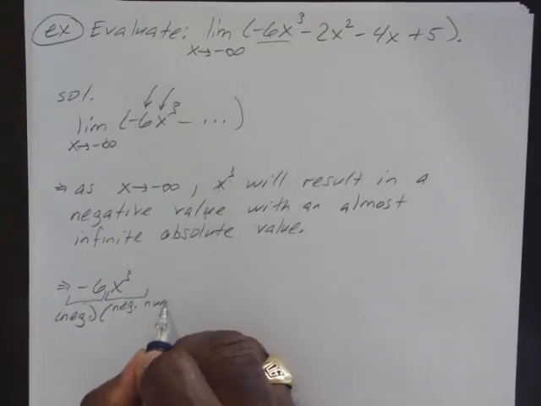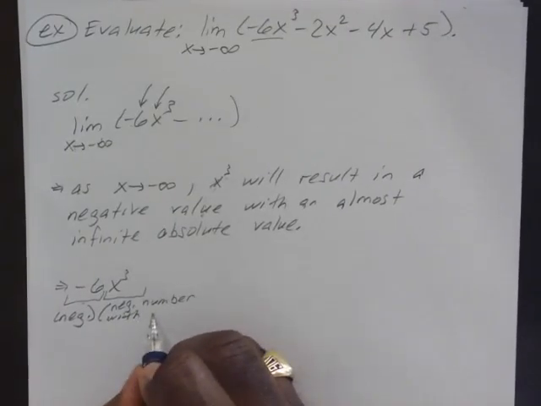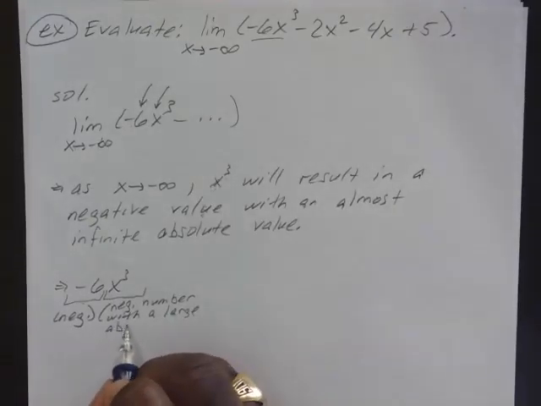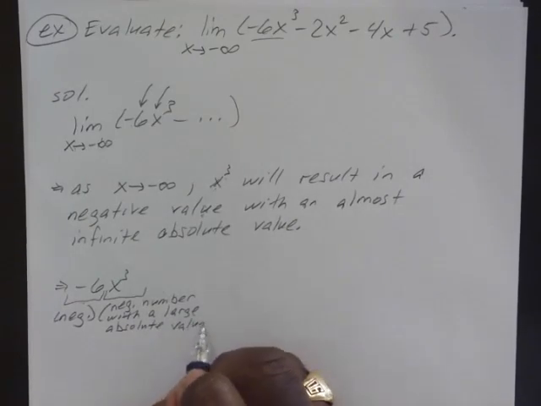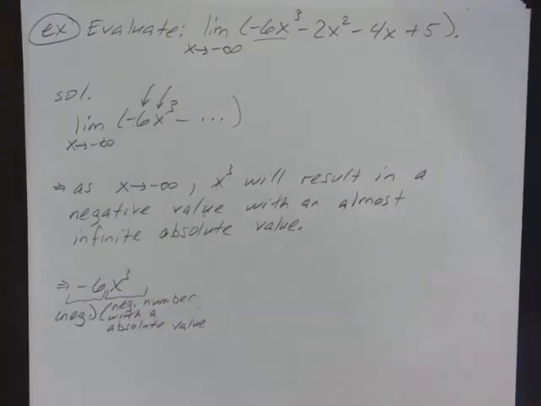Negative number with a large absolute value. I don't know, large doesn't even seem to cut it. Let's say almost infinite just seems a little more accurate.